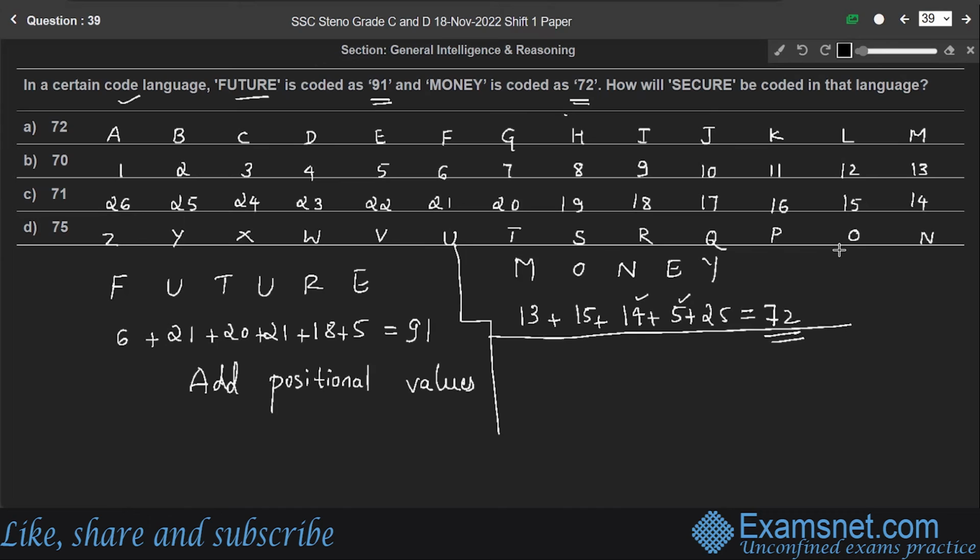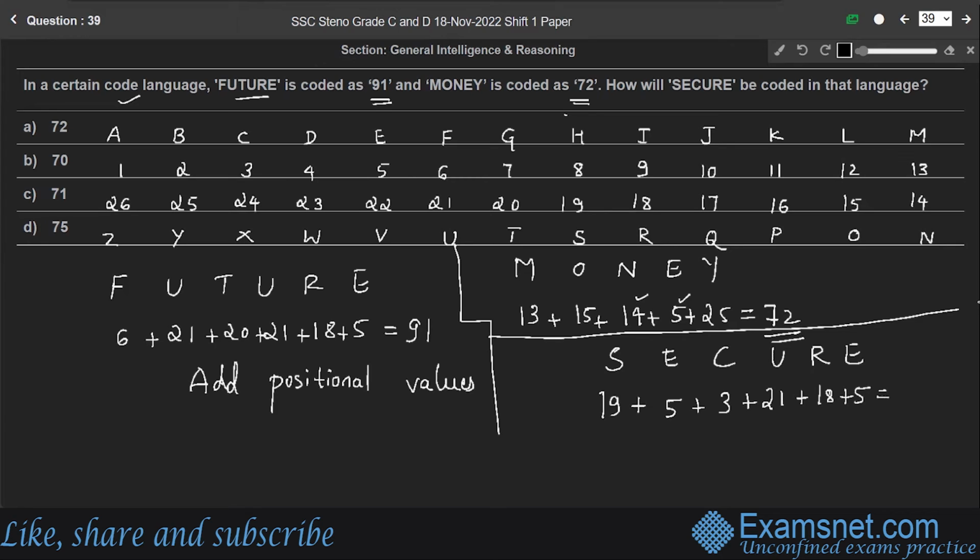Therefore, we have to find the code for secure. So SECURE. The positional value of S is 19, plus E is 5, plus C is 3, U is 21, R is 18, E is 5.